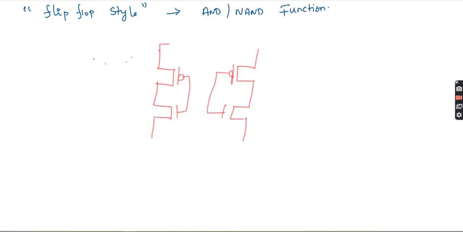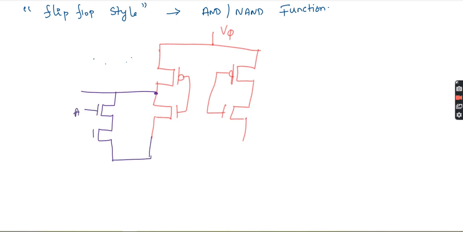Here we are giving the input as V5, that is a pulse power supply we are going to give over there. Then here we are going to connect A, B. This will be A, this will be B. Then the output will be AB bar.